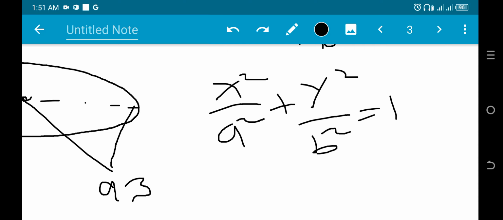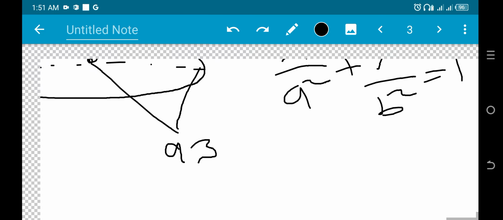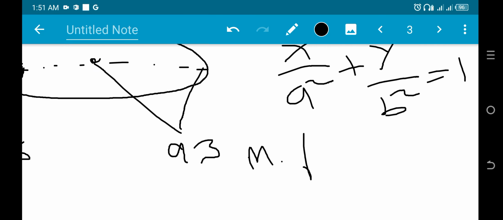So for a squared it's simple because we know that the mean distance is equal to a. So meaning 93 squared, that would be our a squared.